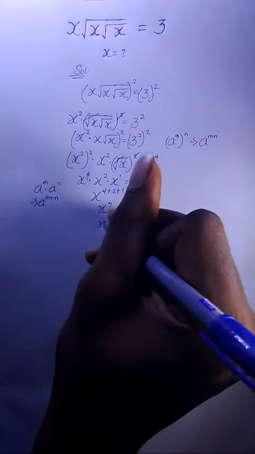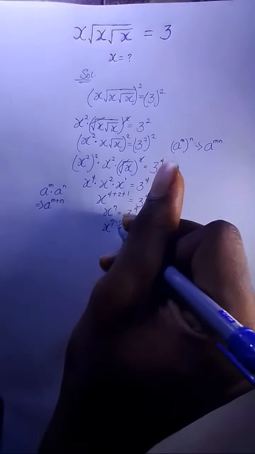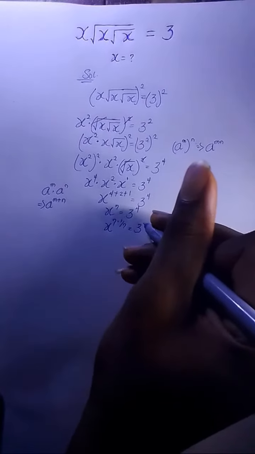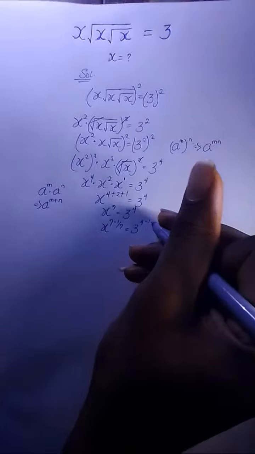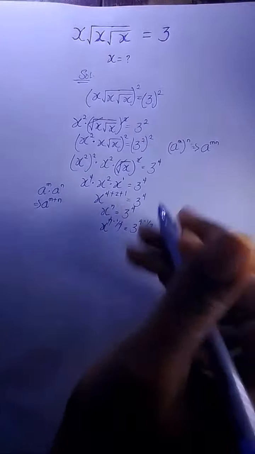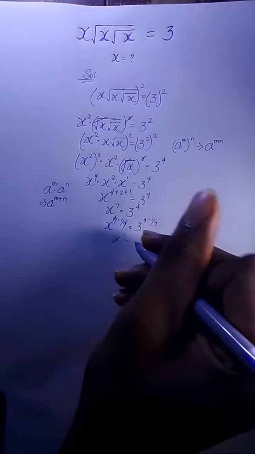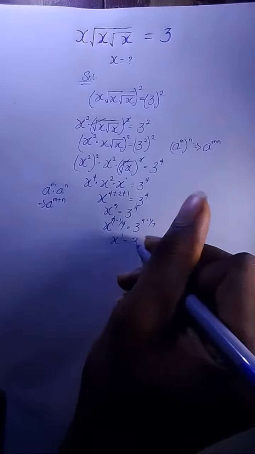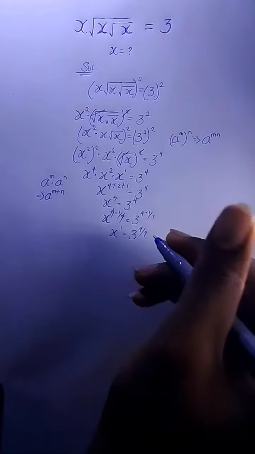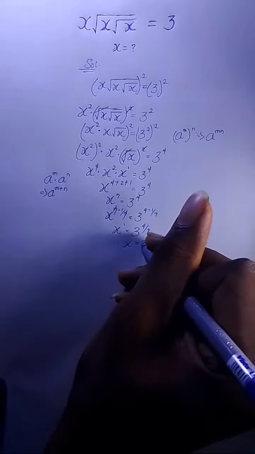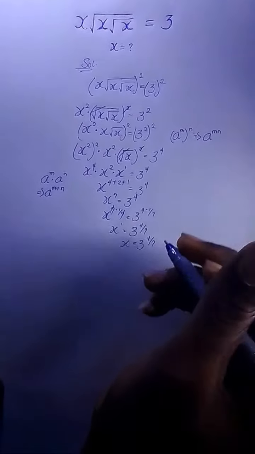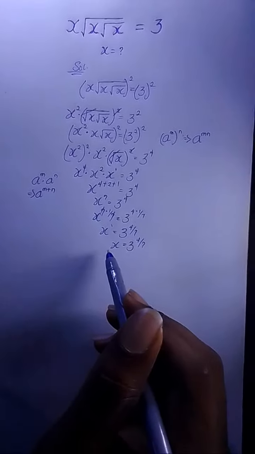So x raised to the power of 7 times 1 over 7 equals 3 raised to the power of 4 times 1 over 7. Here 7 cancels 7, we have x raised to the power of 1, which is still x, and 3 raised to the power of 4 over 7. So x equals 3 raised to the power of 4 over 7. This is our value for x.